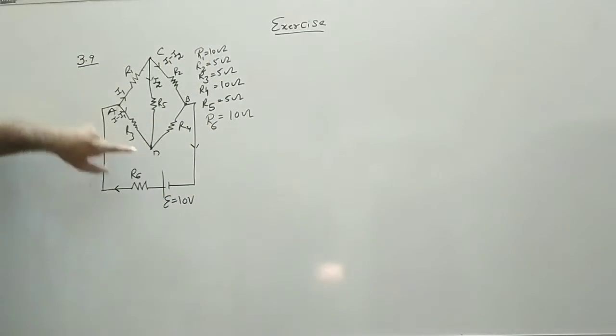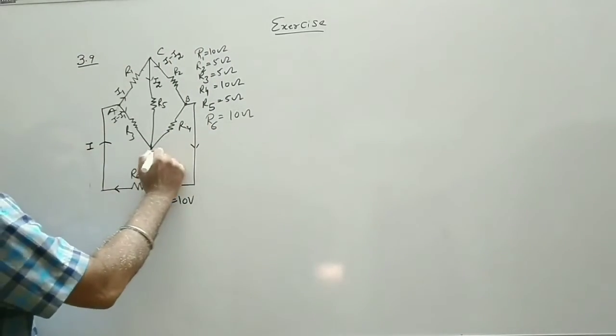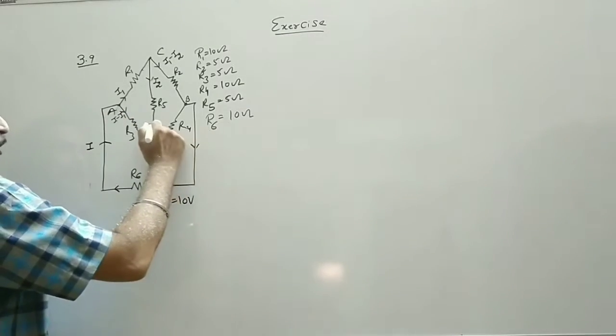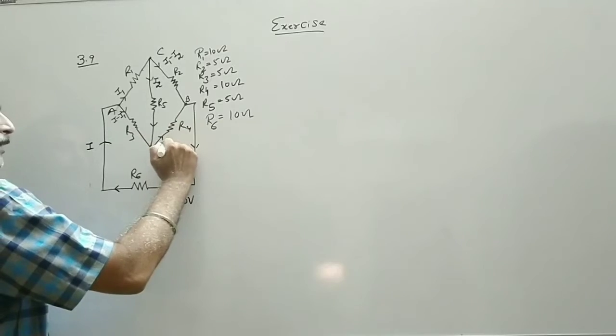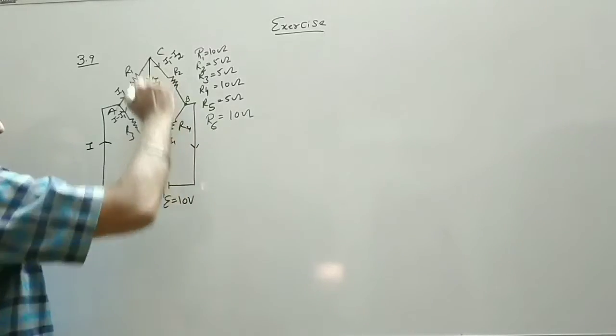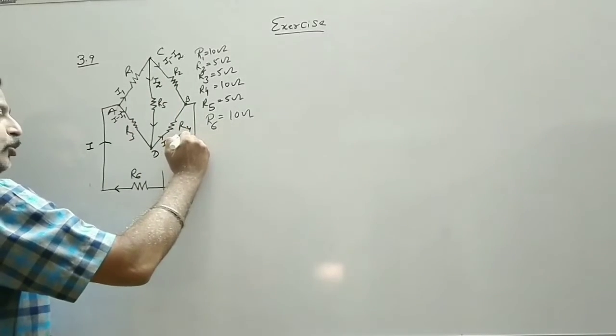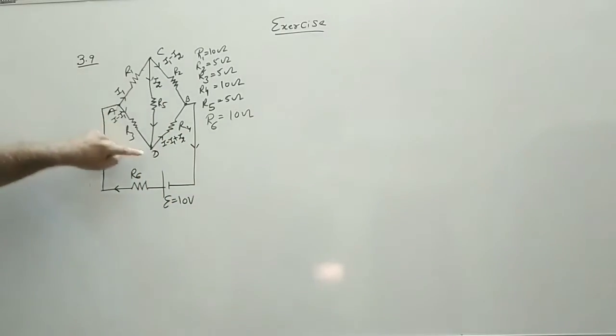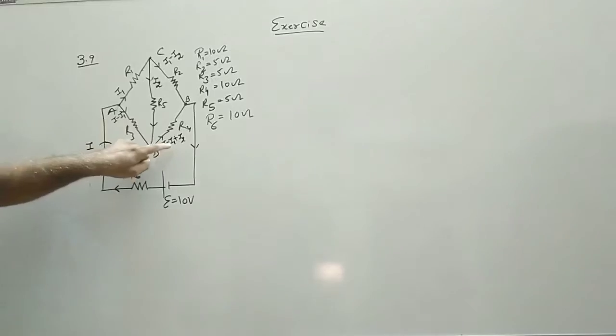This I2 comes at point D, and here I minus I1 comes. So the current approaching junction D is I minus I1 plus I2.